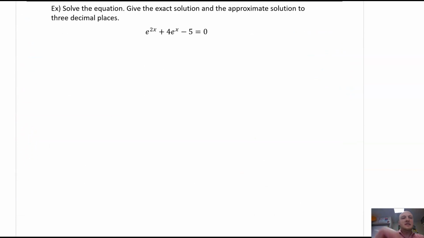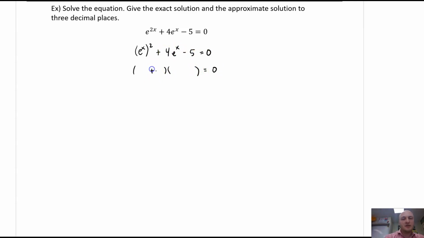So a similar idea here, I have e to the power of 2x. Well, that's e to the power of x squared, plus 4 times e to the x, minus 5 equals 0. This is a trinomial structure, meaning I have 3 terms, and I want to go ahead and solve by factoring it into 2 binomials. So what factors of negative 5 add together to give me a positive 4?